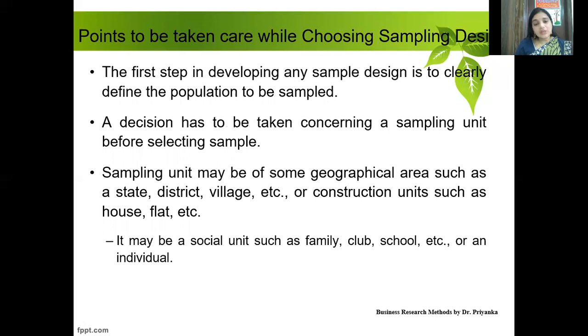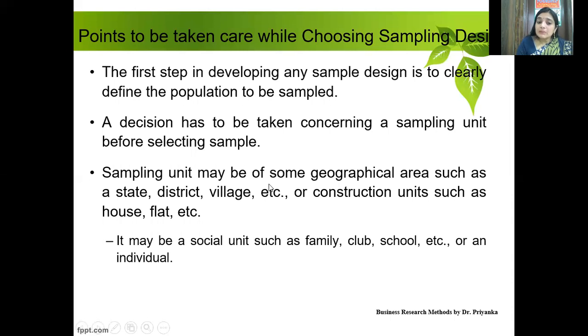Yes, what are the points you need to take care of while choosing the sampling design? The first step in developing any sample design is to clearly define the population to be sampled. Yes, you are going to define your target population. Then a decision has to be taken concerning a sampling unit before selecting the sample. You need to decide what particular sampling unit you are going for.